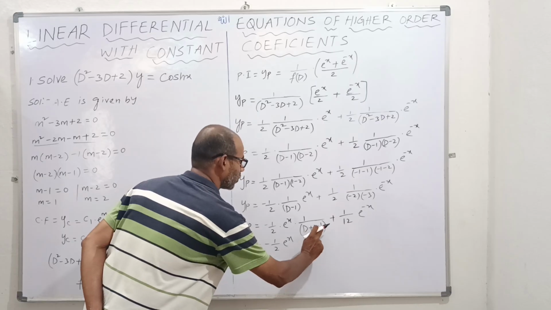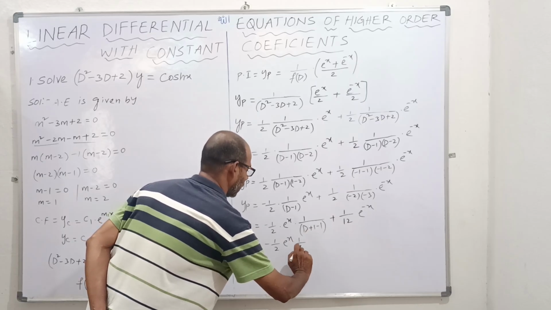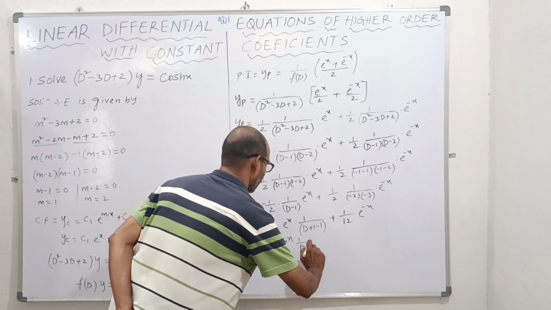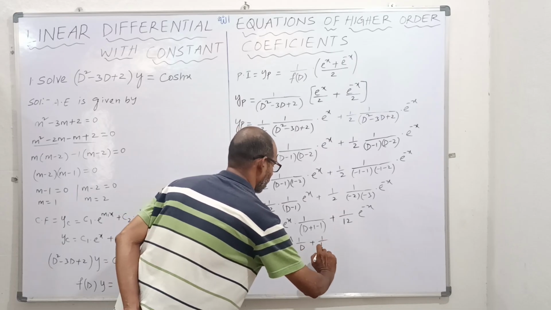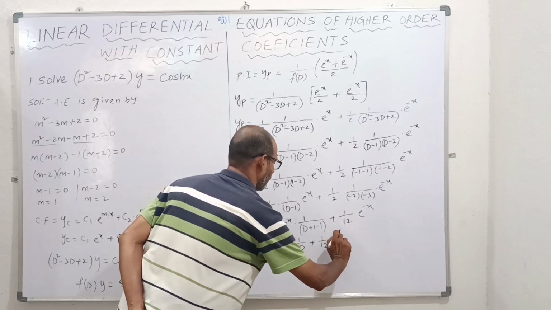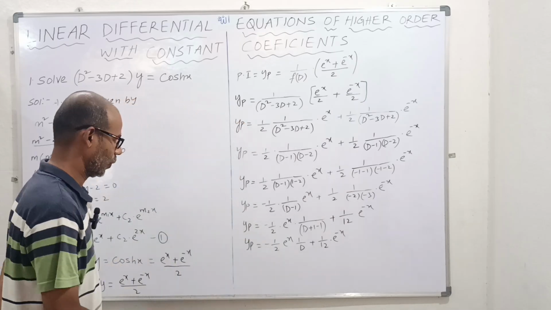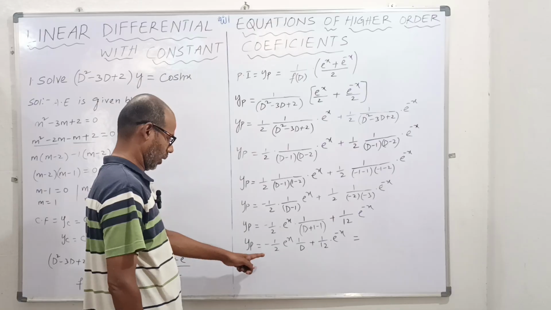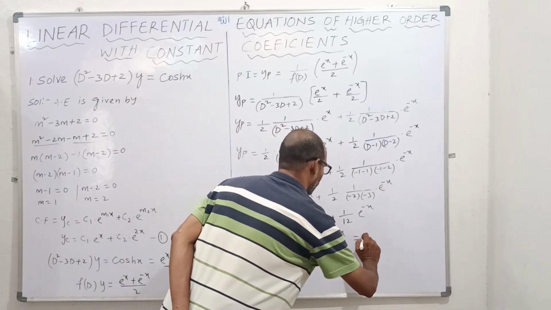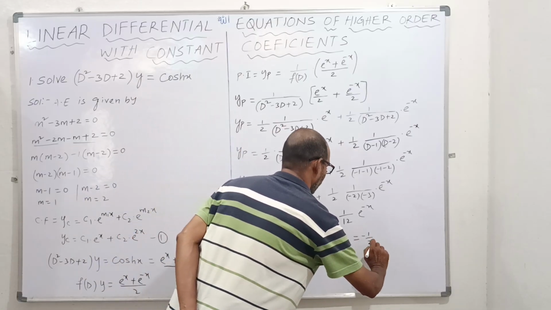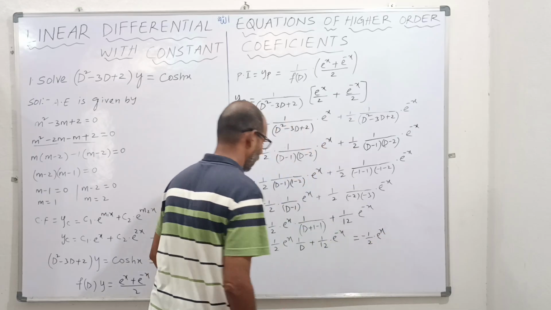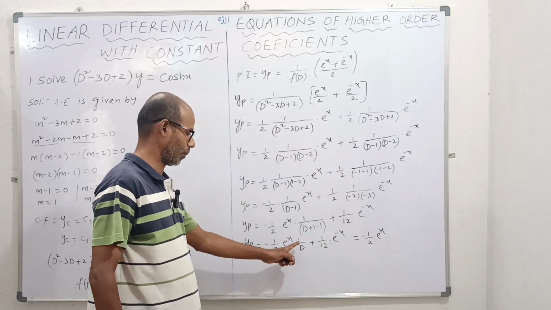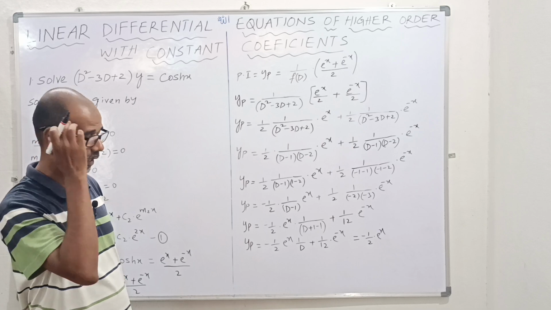So now D plus 1 minus 1 gets cancelled. So it is 1 upon D plus 1 upon 12 into e power. So this can be written as, therefore this is equals to minus 1 by 2 e power x. So 1 upon D. So 1 upon D is what, it is the integration.